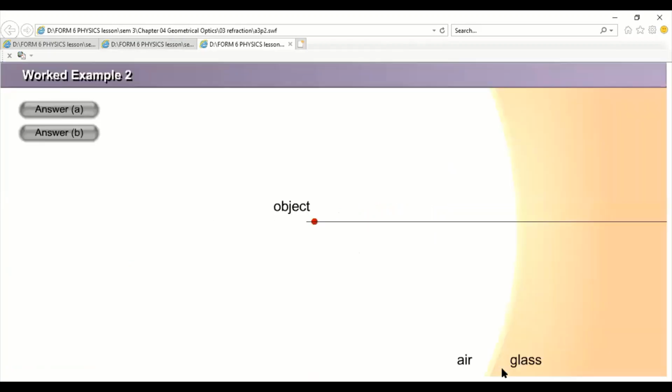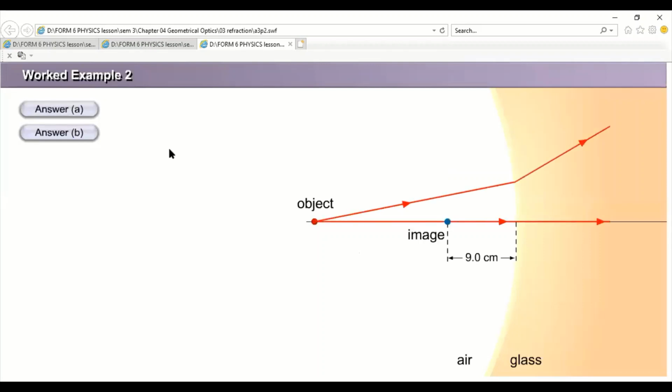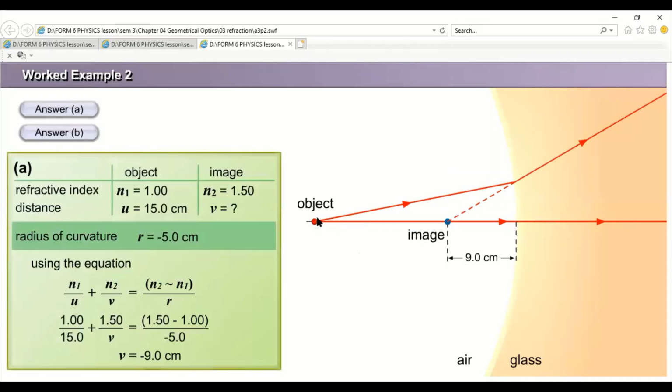Let's go for another example of the concave surface. Let's say the object is placed 15 cm in front of the concave surface, where n1, the refractive index of air, is 1, refractive index of glass is 1.5.